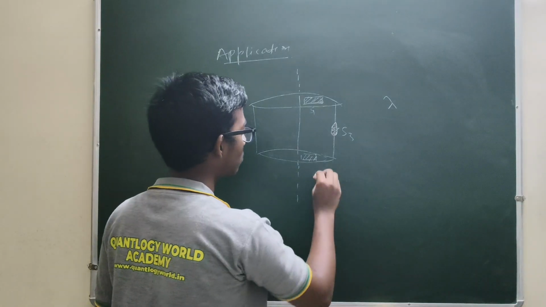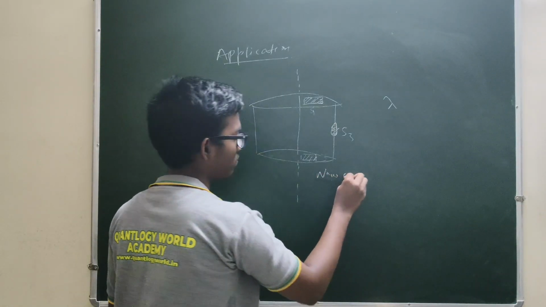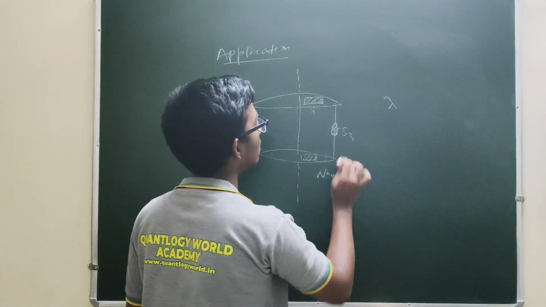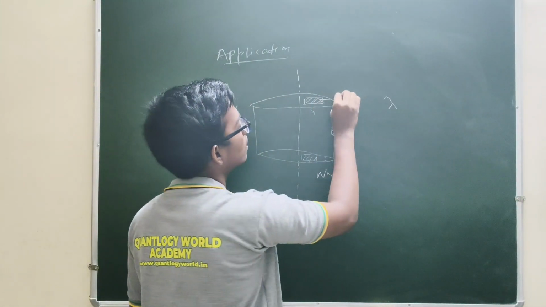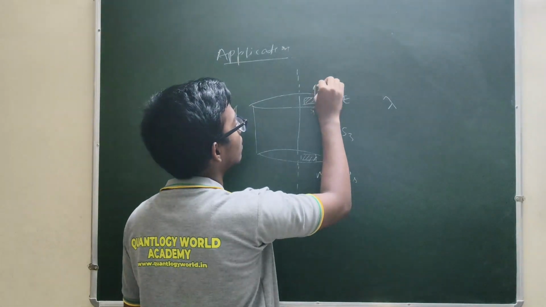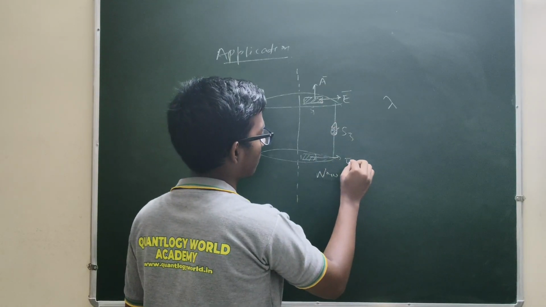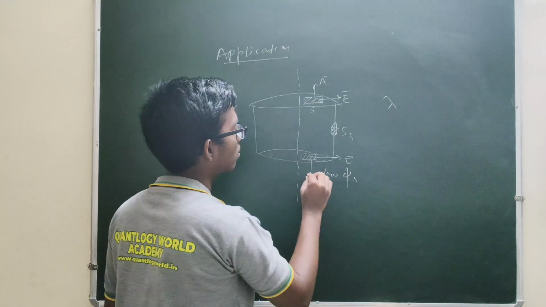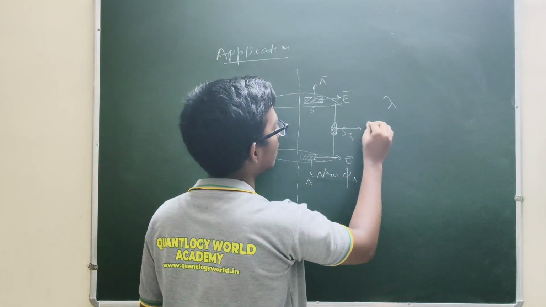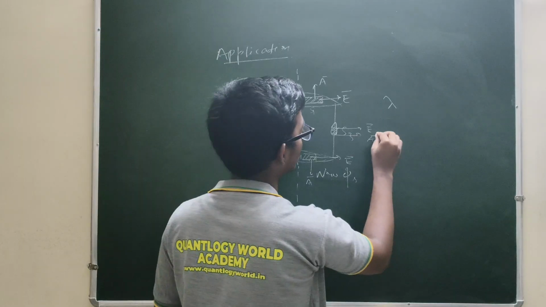Now the flux through surface 1, the electric field and the area vector are perpendicular to each other, and in surface 3, electric field and area vector are parallel to each other.